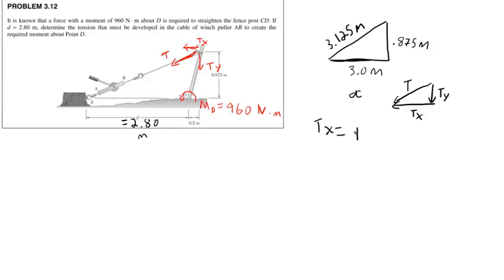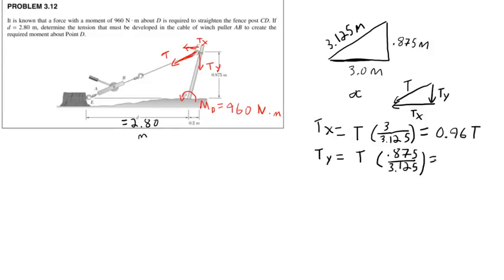Tx is going to be T times 3 over 3.125, which is equal to 0.96 T. Ty is going to be equal to T times 0.875 over 3.125, which is 0.28 T. So, questions so far?